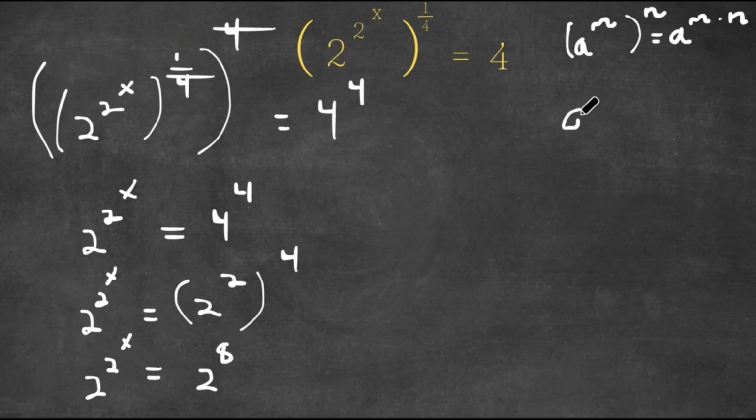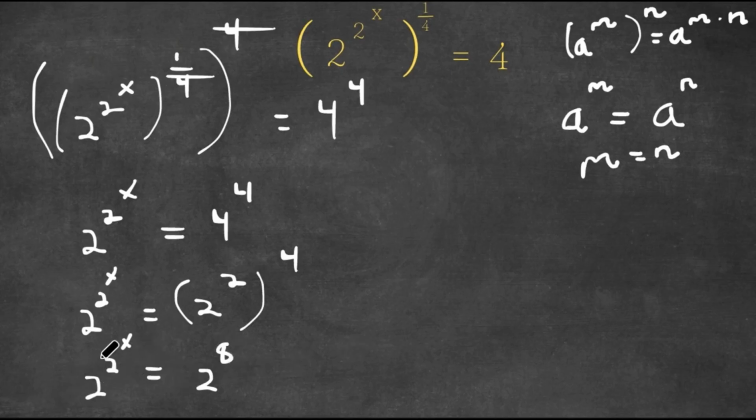Now, if we have two terms with the same base, let's say we have a to the power of m as well as a to the power of n, and these two equal each other, this means that m is equal to n. So as you see right here, these two bases are the same and these two terms equal each other.